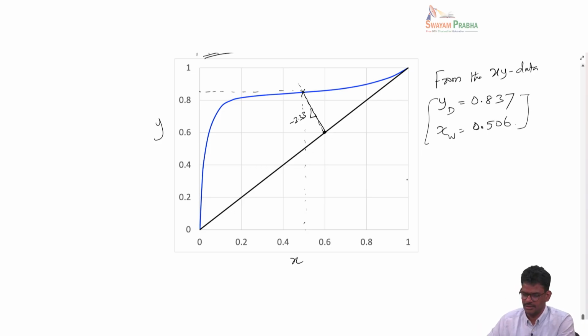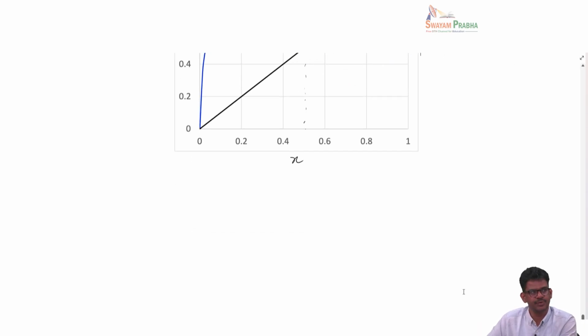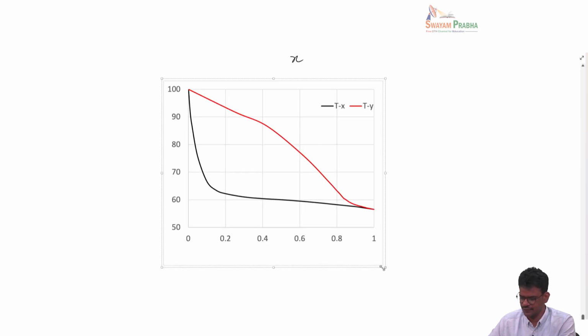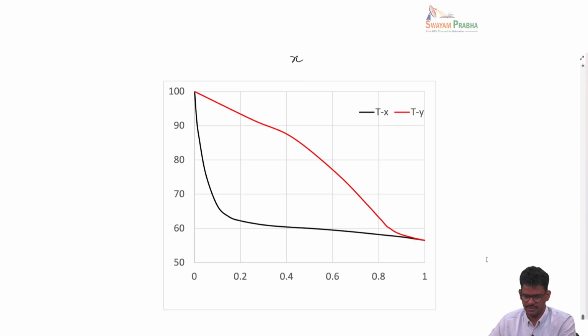For this we need a TXY diagram for 1 atmosphere. I have that also. So we have a TXY diagram corresponding to 1 atmospheric pressure, and the top curve is T versus Y and the bottom curve is T versus X, and this is temperature. Now I can locate the value of Y on the red curve.